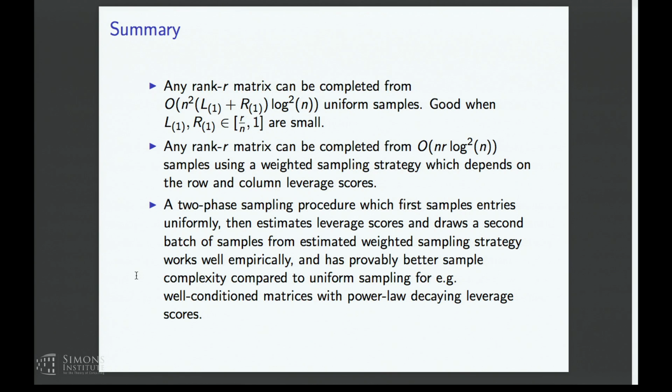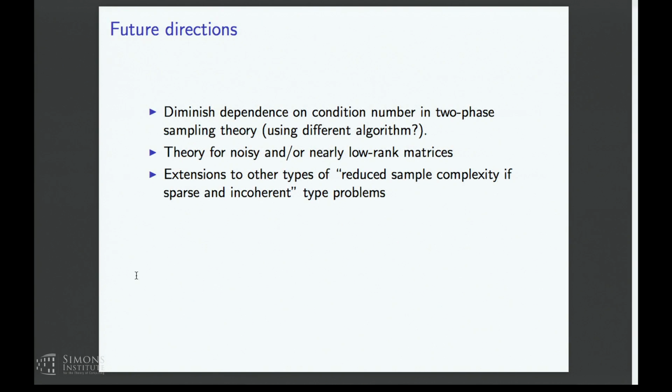Whether it's optimally low, I don't know. I don't know what lower bounds are for these types of results, but future directions are definitely to improve the dependence on the condition number.